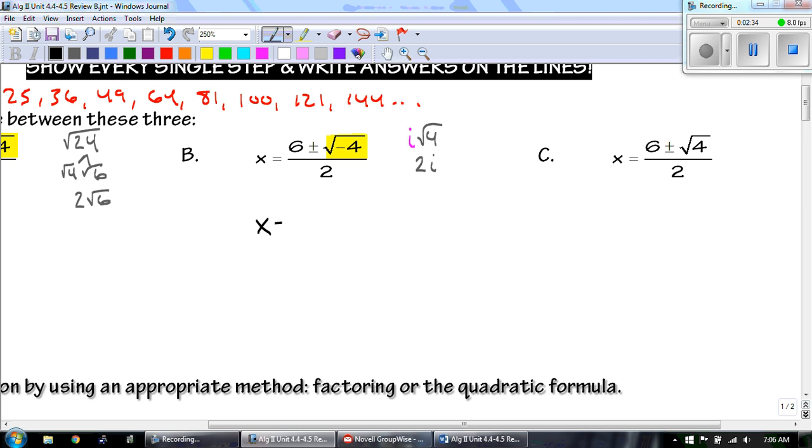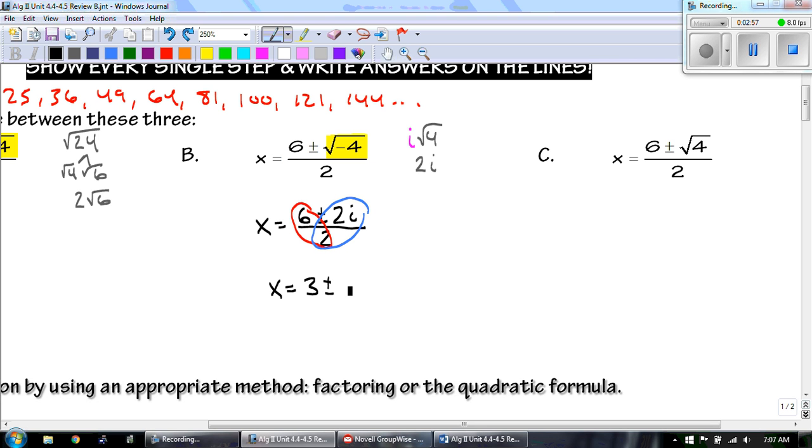So we have x equals 6 plus or minus 2i divided by 2, and then we're going to do the same thing. 6 divided by 2 is 3 plus or minus 2i divided by 2 is just i.